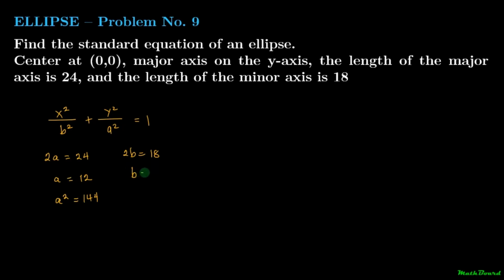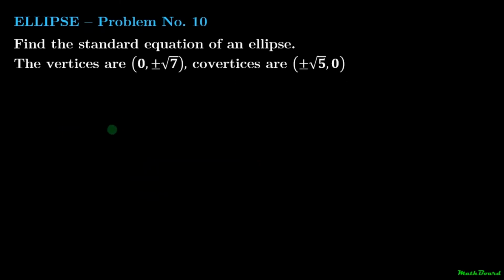Therefore b equals 18 divided by 2, that's 9. Then b squared is 9 times 9, 81. So our standard equation would be x squared divided by 81 plus y squared divided by 144 equals 1. Next one.